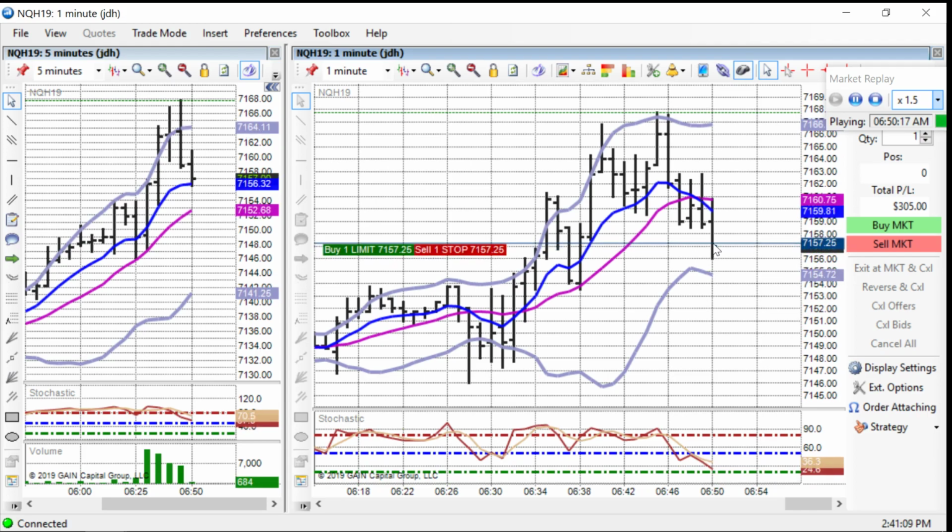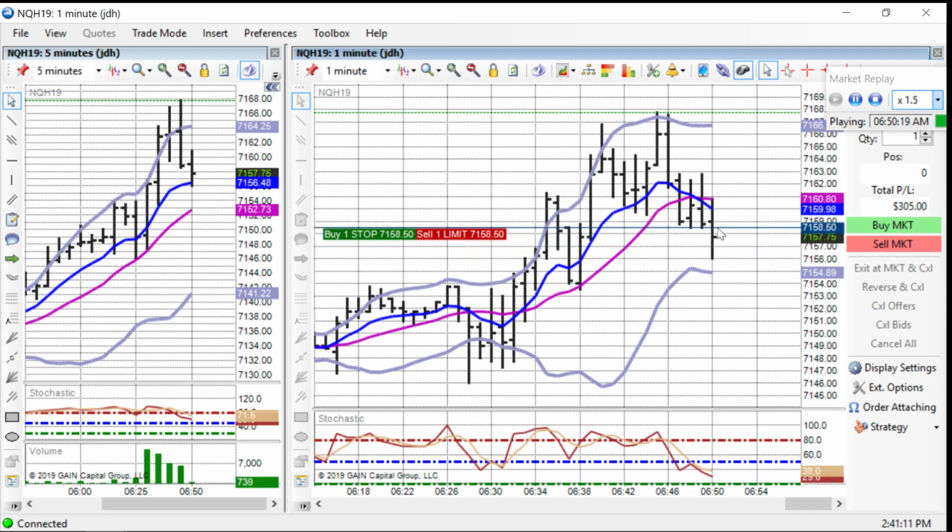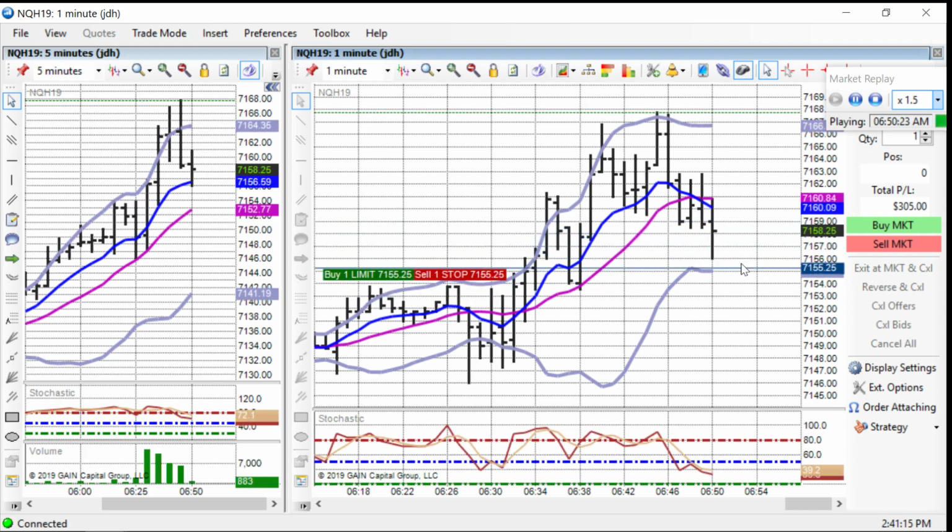So now the process of looking for the P3 point starts all over, trading the hooks to the downside here.